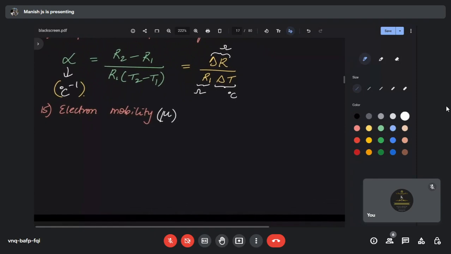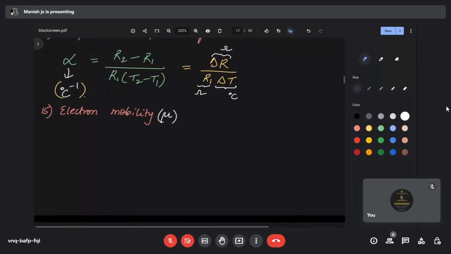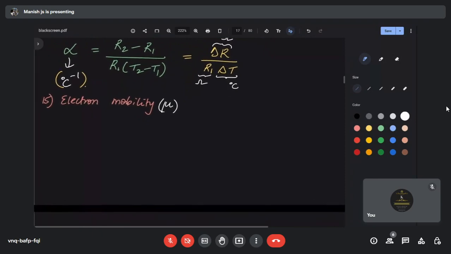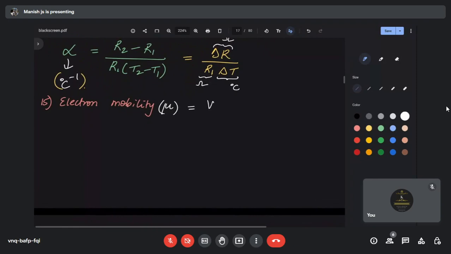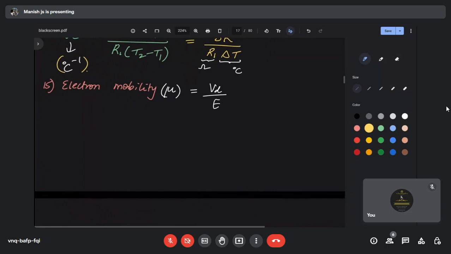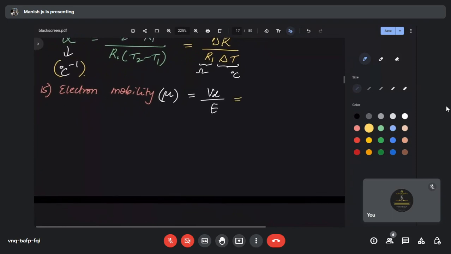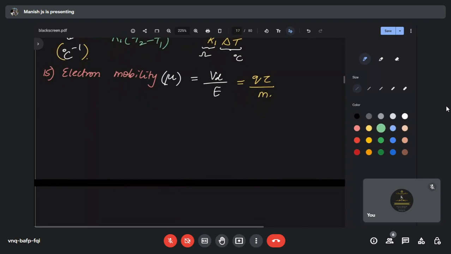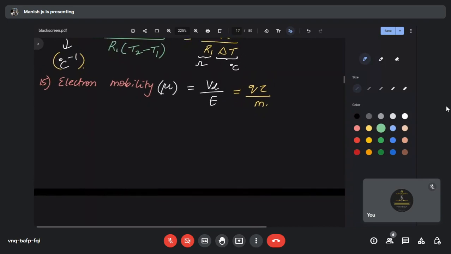The amount of drift velocity acquired by an electron in a unit electric field is called electron mobility. So it is given by mu, which is the ratio of drift velocity and electric field, Vd upon E, which can further be expressed as Q times tau upon M. This is the formula for electron mobility.